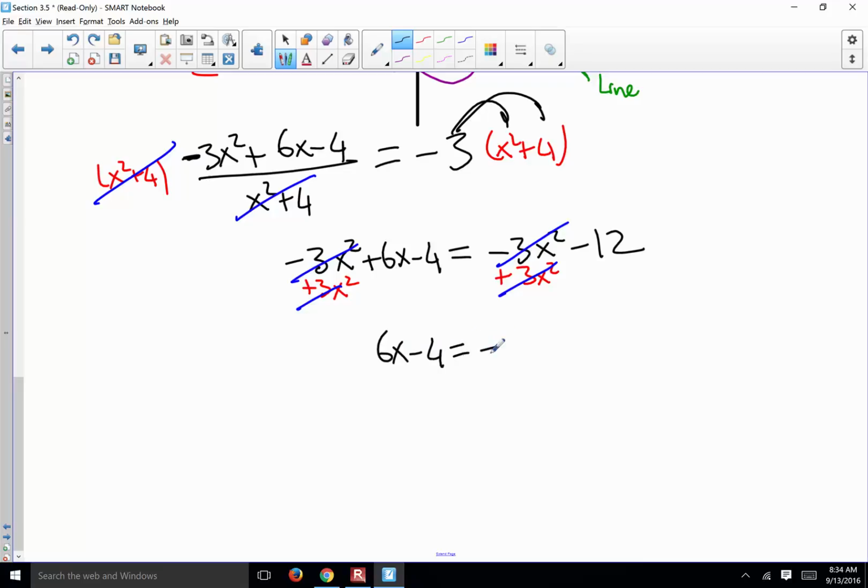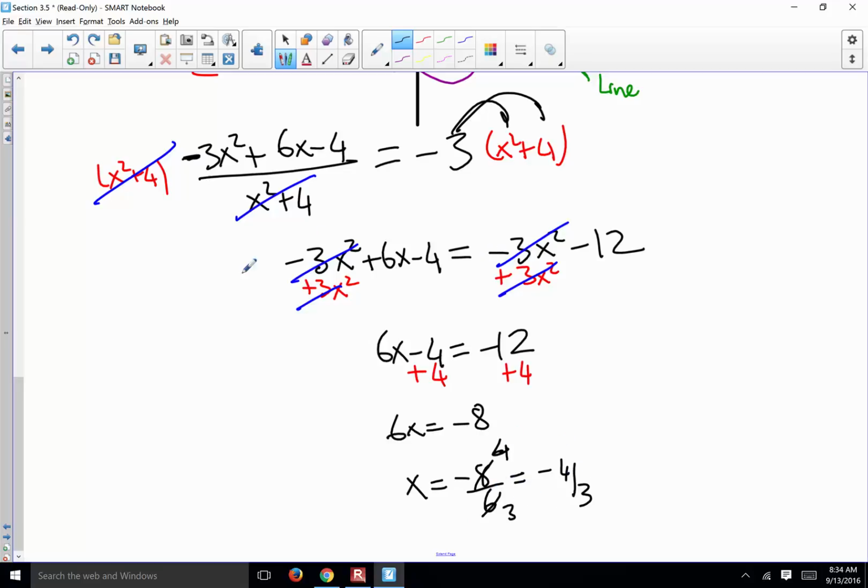So you have only 6x minus 4 equals minus 12. And next, I need to get x alone, and I have 6x equals minus 8, and x is 8/6, which divided by 2 is 4/3, right? Negative 4/3. We found it.